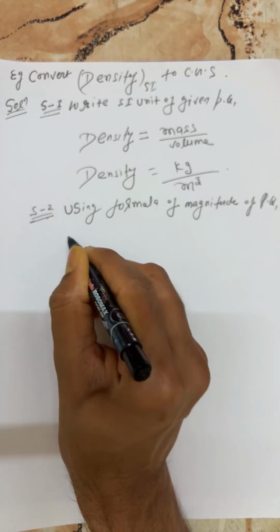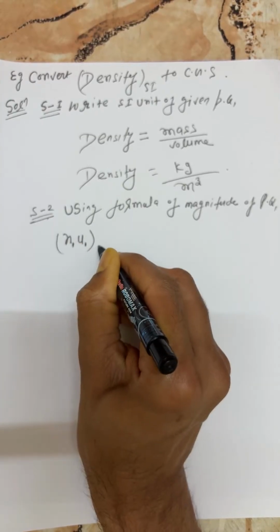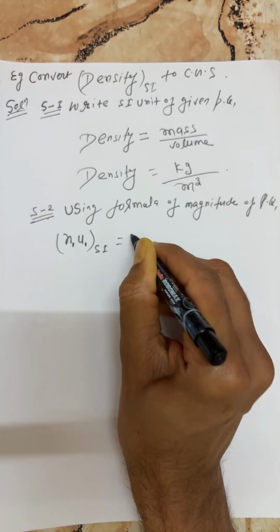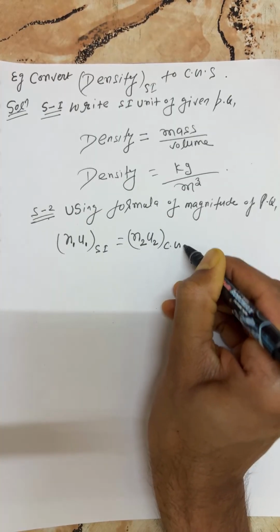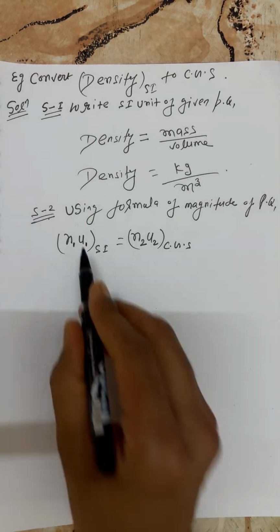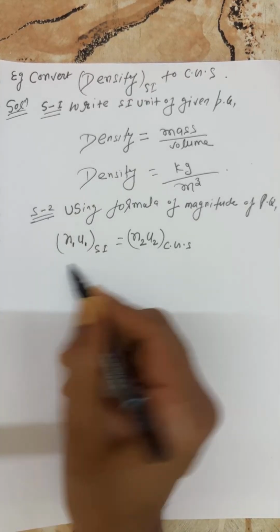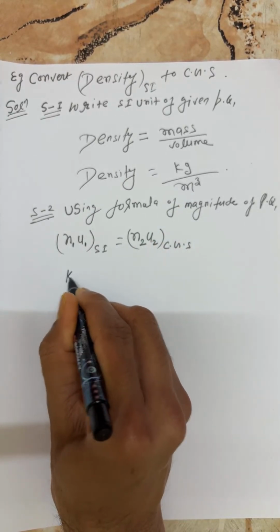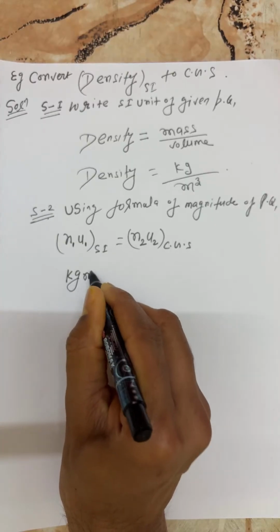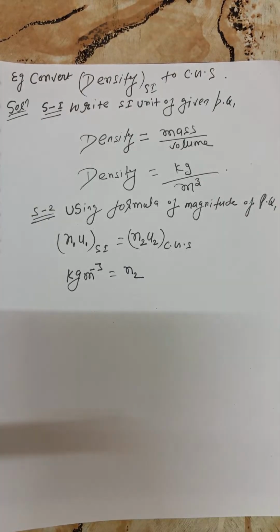This is n1 u1, which in SI will convert to n2 u2 in CGS. So n1 is what? As I said, it's the numerical value. How many densities are mentioned here? Only one, so you can say this is one only, no need to write it. The unit here we found is kilogram per meter cube, so you can write kilogram meter to the power minus 3. N2 we wish to find, so let it be.